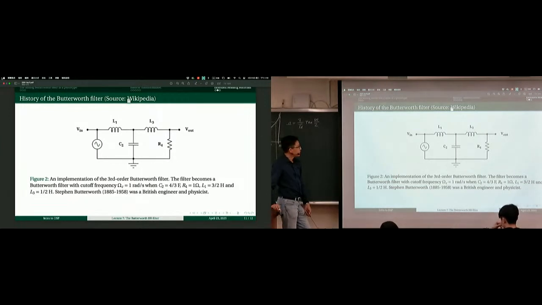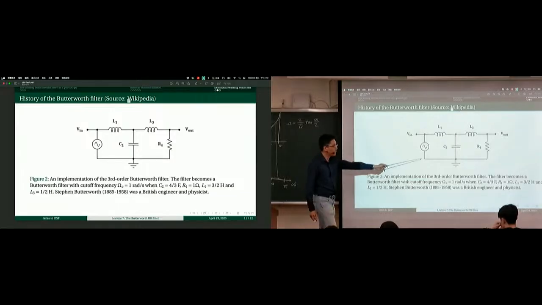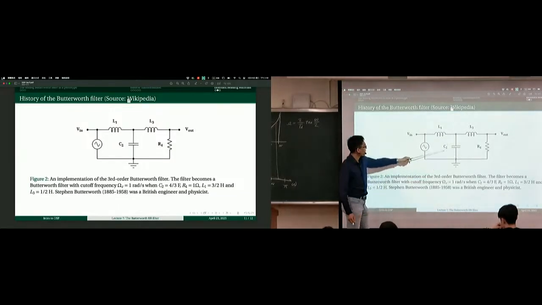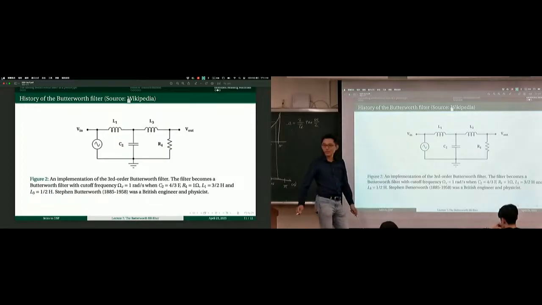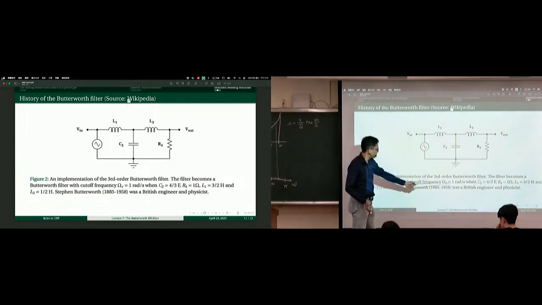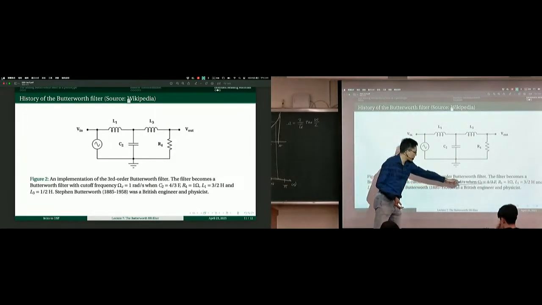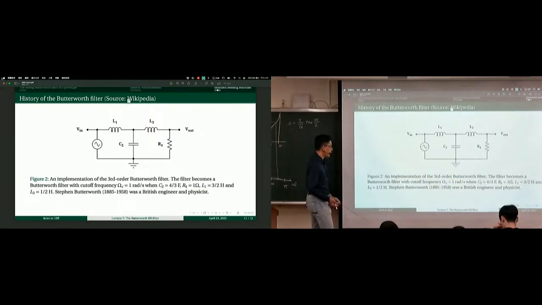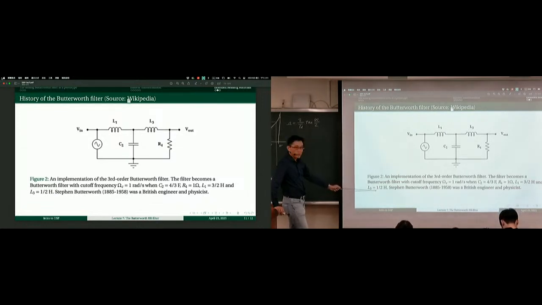So he figured out that if we just put one resistor, one capacitor, and two inductors like that, and by carefully setting the parameters, the resistor is 1 ohm, and the two inductances are 3/2 and 1/2 Henry, H is Henry, right?